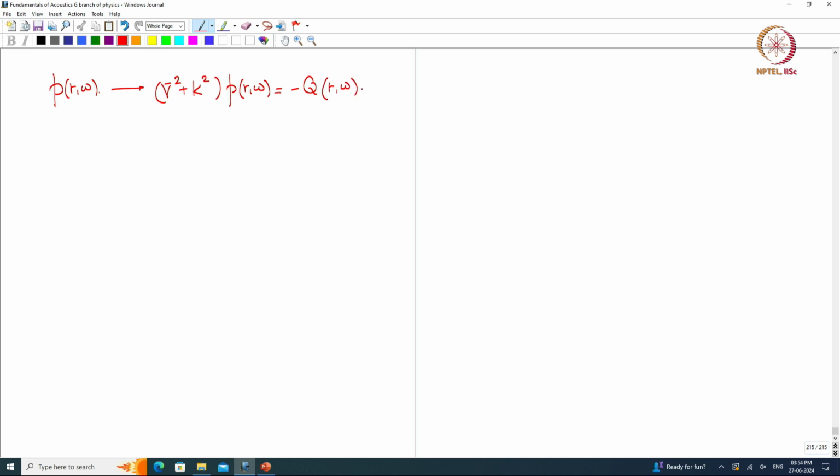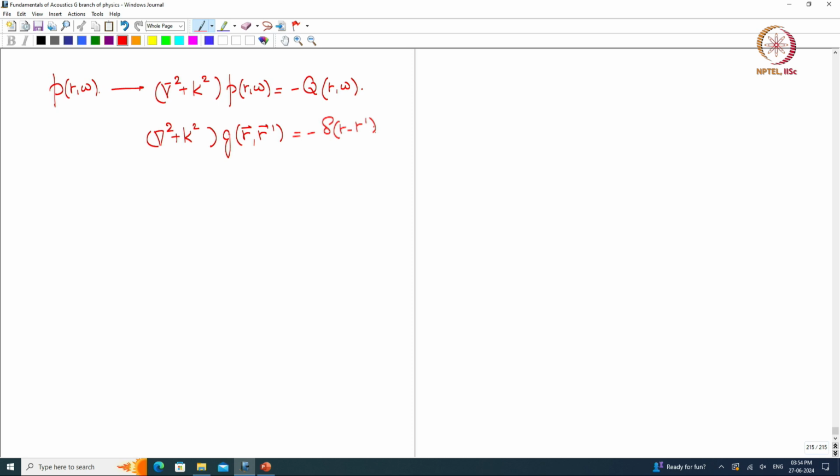Now I'll write the other equation also, which is del square plus k square, let me use the small g, g of r comma r dash is equal to minus delta of r minus r dash.